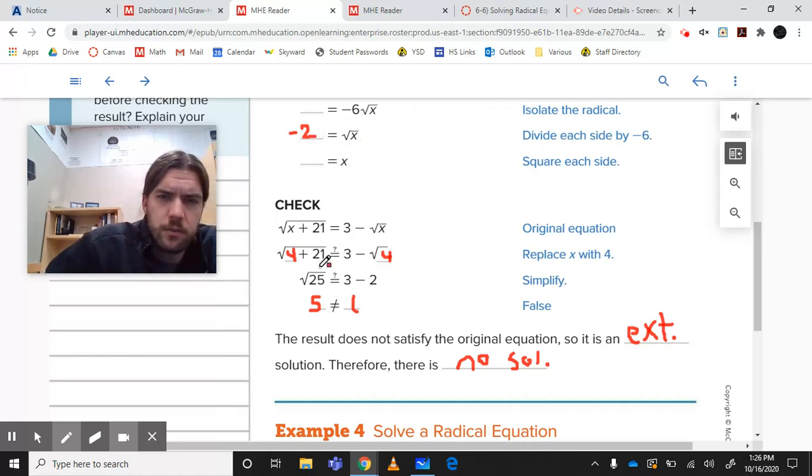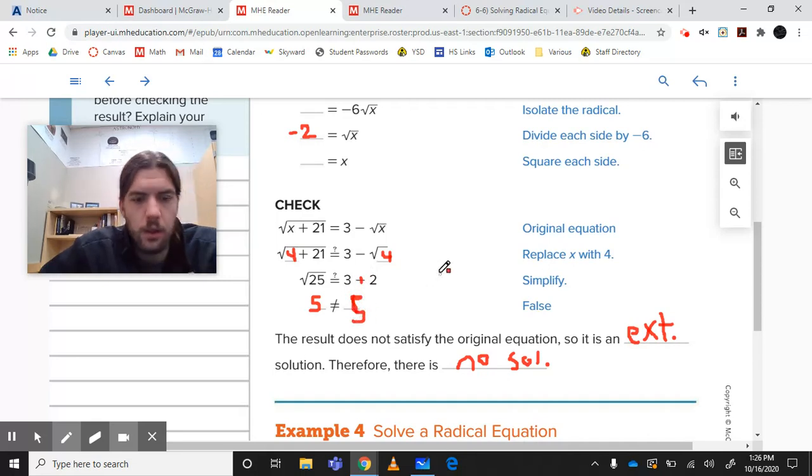Now, there is some stuff you could look at here and say, well, we didn't need 3 minus 2. Square root of 4 has 2 solutions. The other solution is negative 2. Two negatives would have made a positive and we would have got a correct answer. So how do we describe this?